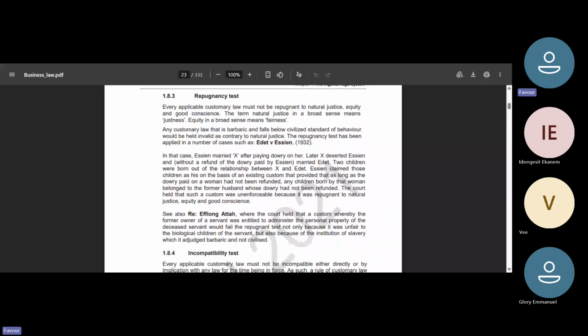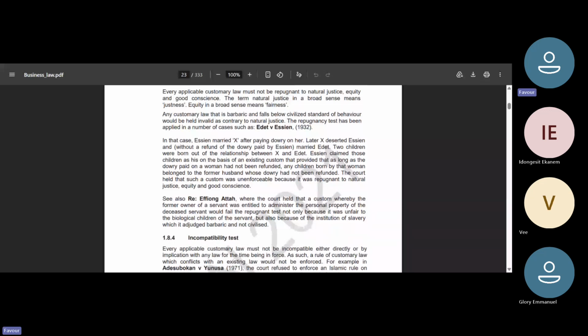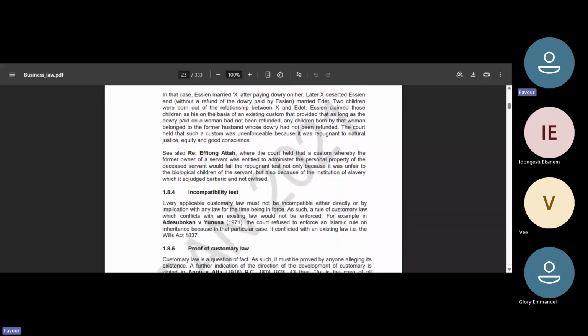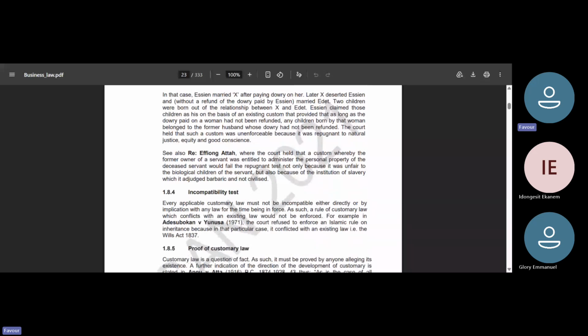There's also another case, F Young versus Atta, where the court held that a custom whereby a former owner of a servant was entitled to administer the personal property of the deceased servant would fail the repugnancy test, not only because it was unfair to the biological children of the servant, but also because the institution of slavery is barbaric and not civilized.